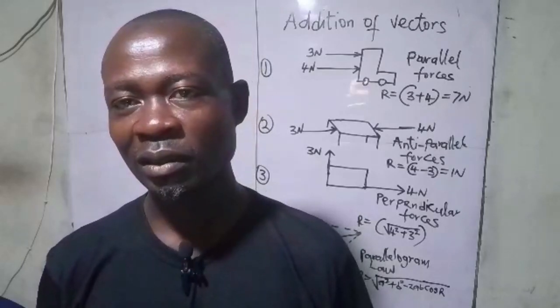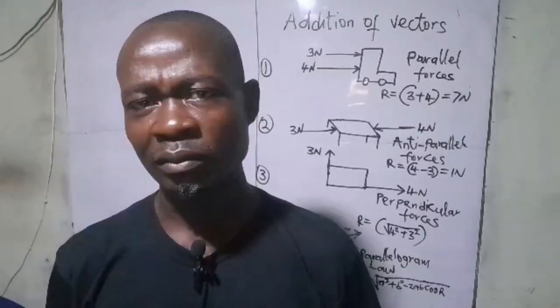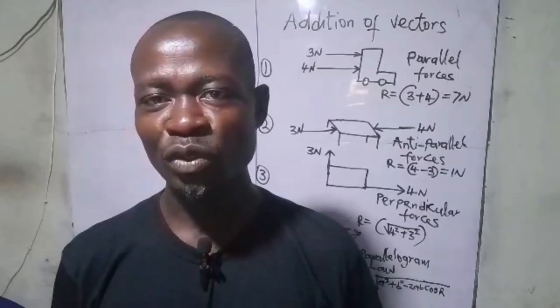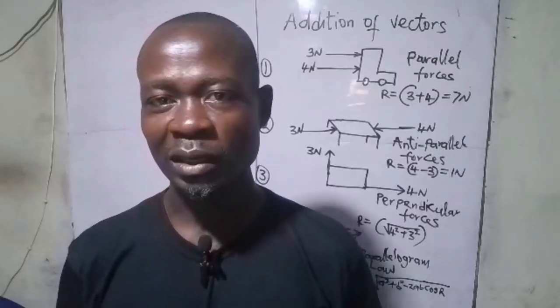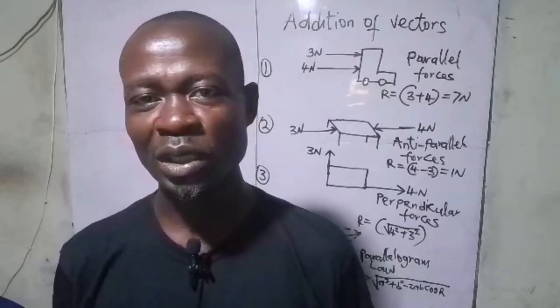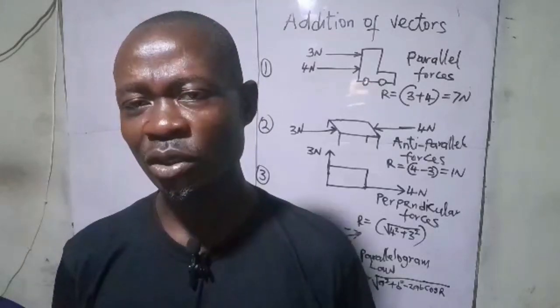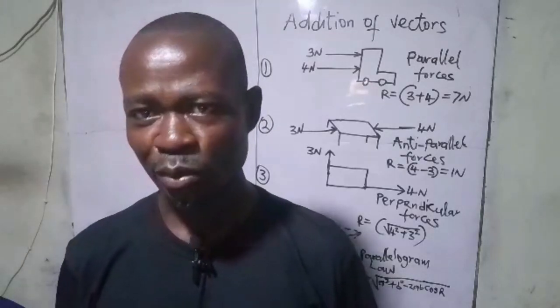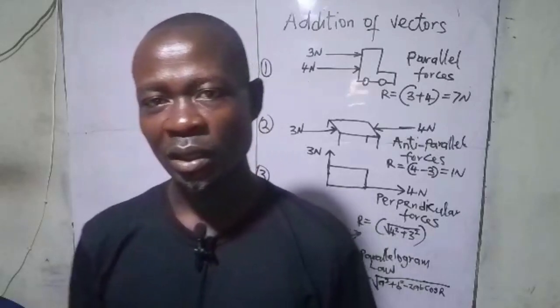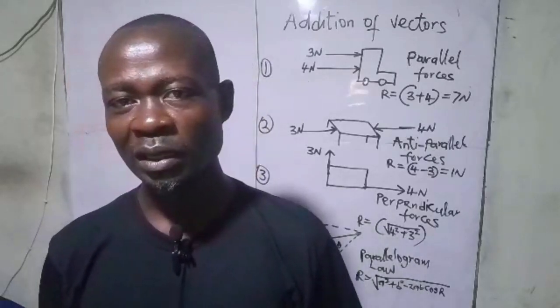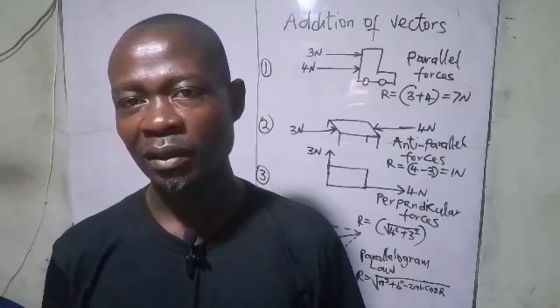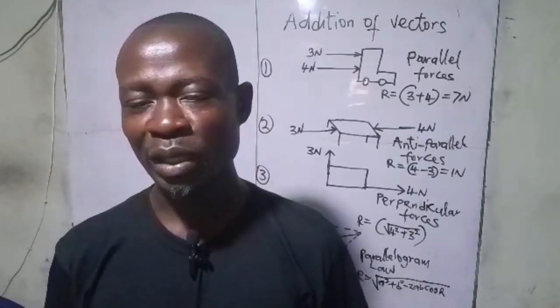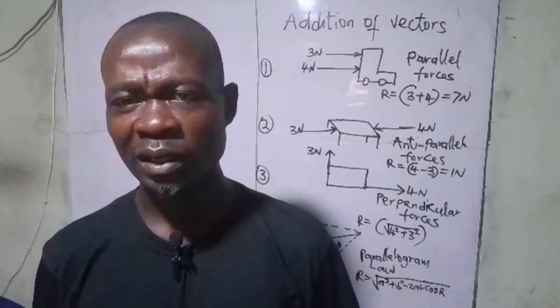So we are going to look at how we can add two vectors when they are moving parallel to each other. Then we look at how we can add vectors when they are moving in opposite direction, parallel or anti-parallel direction. Also, we will equally look at when two vectors are acting at an angle of 90 degrees, or what we call perpendicular to each other.